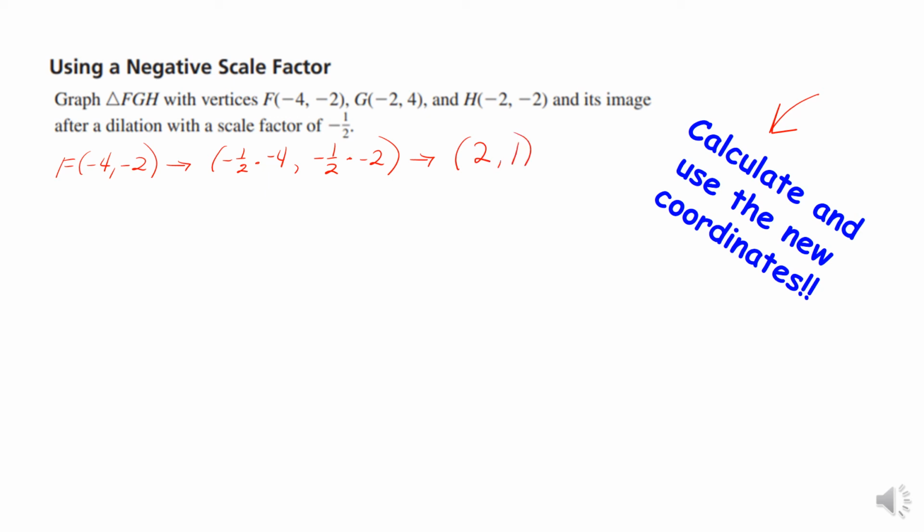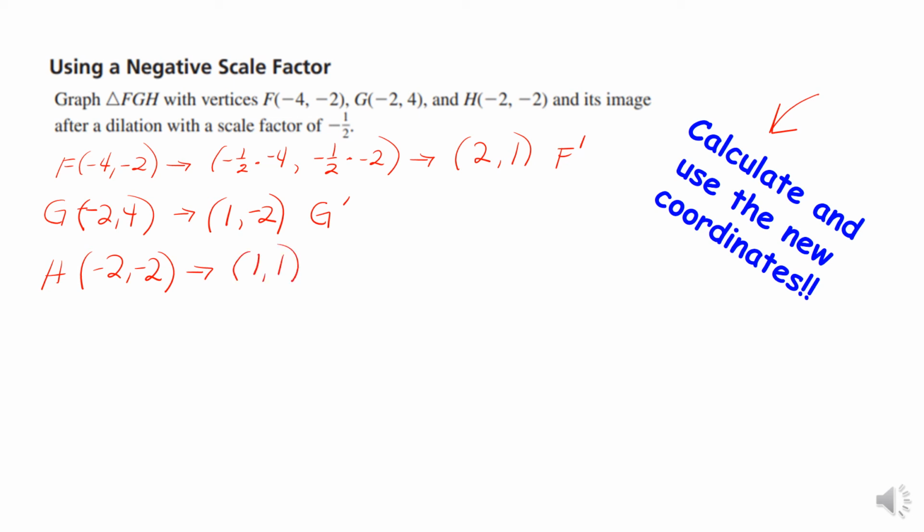Then I look at G, and that is my new F prime. G is negative 2, 4, and negative 2 times negative 1/2 is positive 1. 4 times negative 1/2 is negative 2. You're doing fractions and negatives, so be very careful. That is my G prime. Then I have H, and H is negative 2, and I multiply negative 2 times negative 1/2, and that's going to give me 1.